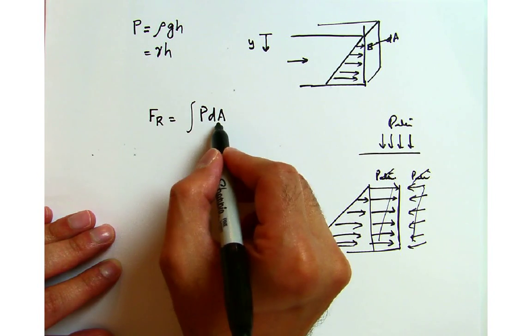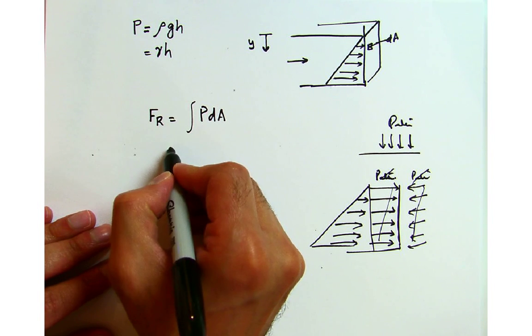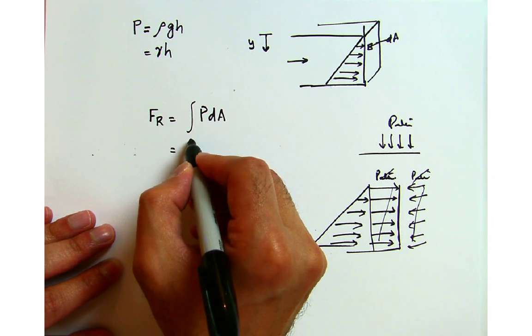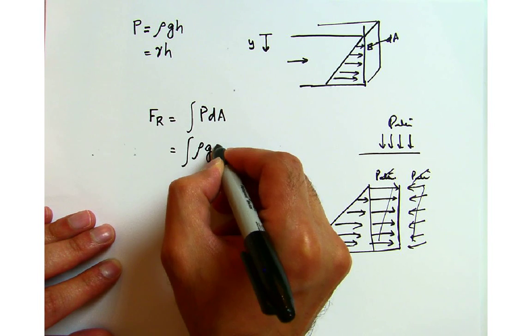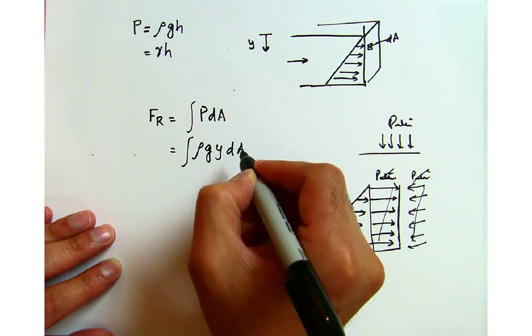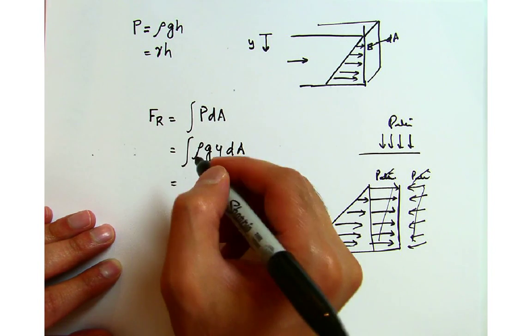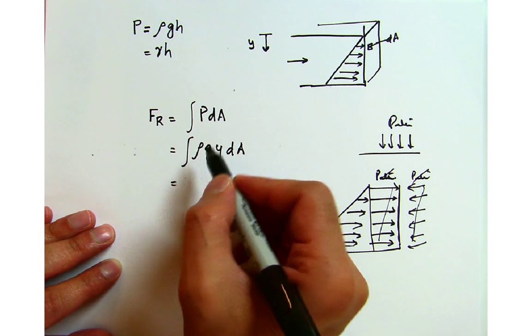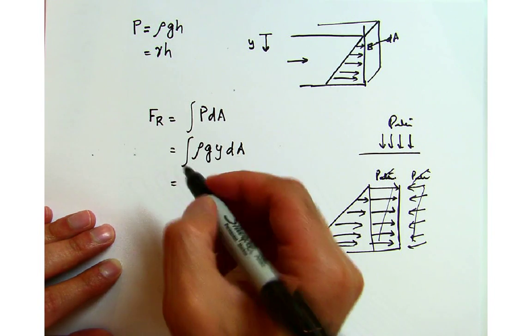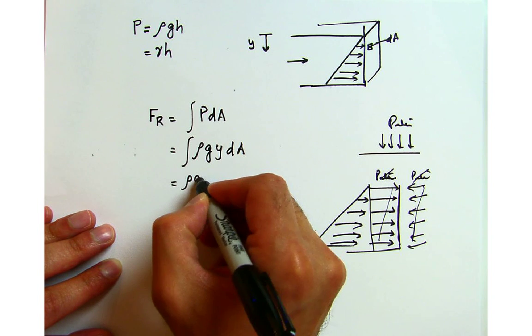So the pressure times the area gives me the force, and I do know how the pressure is changing. The pressure is changing as rho g y dA, and I do know that the density and the acceleration due to gravity are constant in a liquid, so I can take those out of the integration.